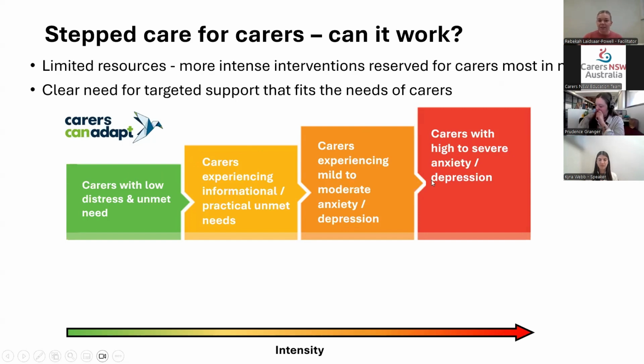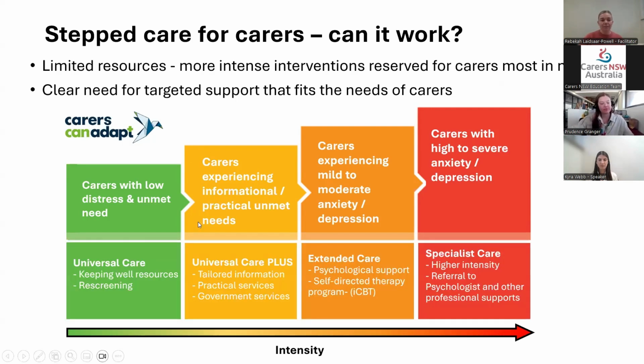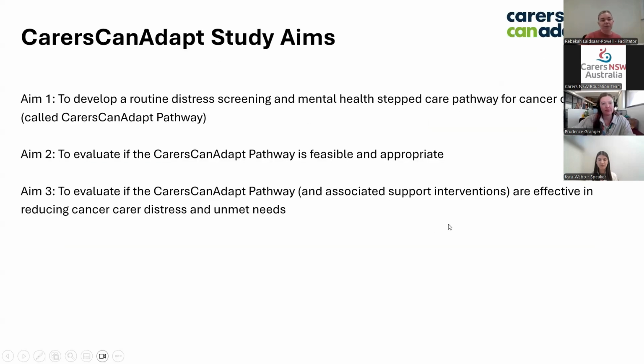The Carers CAN ADAPT stepped care pathway goes across four levels, with levels of psychosocial need increasing as you go along the pathway, and matched targeted supports for each of those different levels of distress. The aims of my fellowship are, one, to develop this routine distress screening and mental health stepped care pathway for carers; two, to evaluate if it's feasible and appropriate.